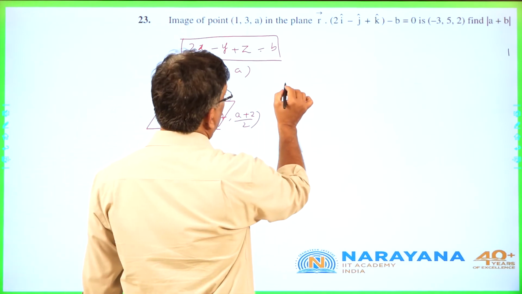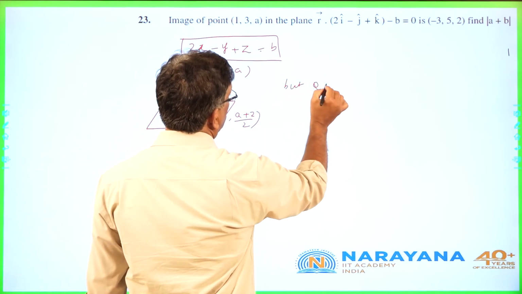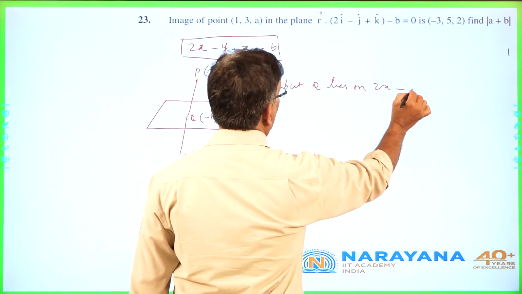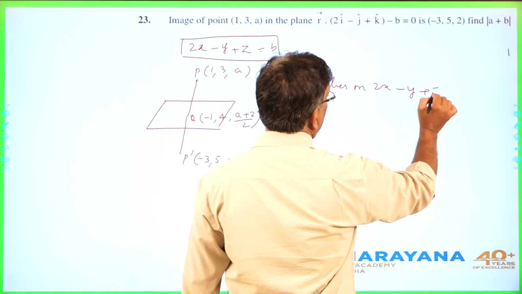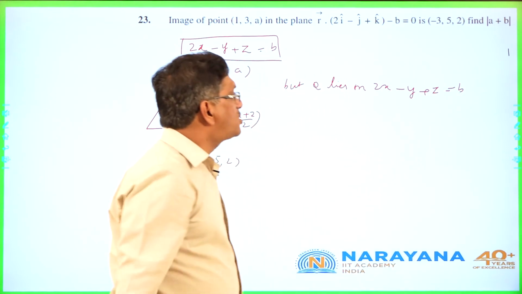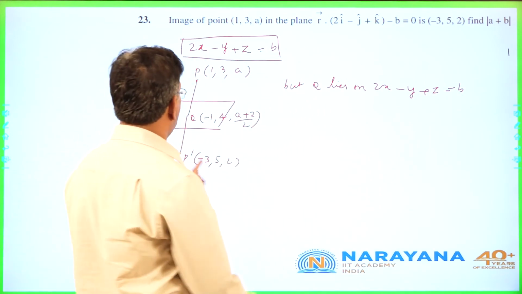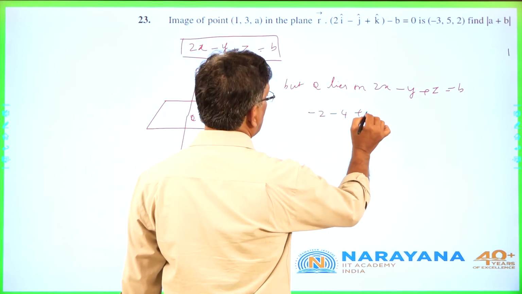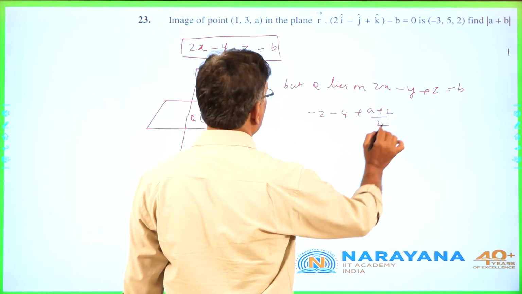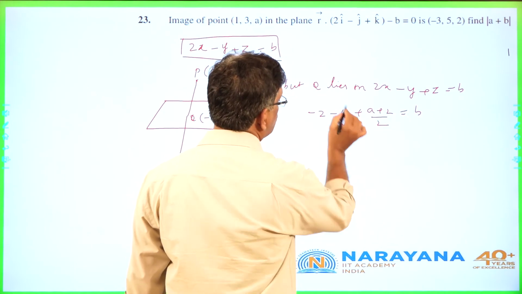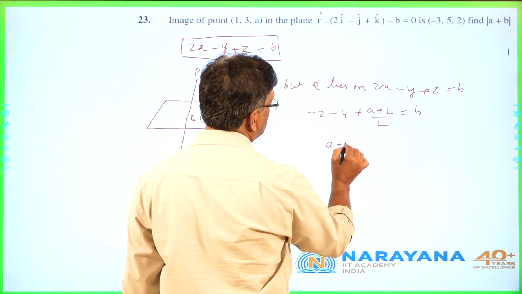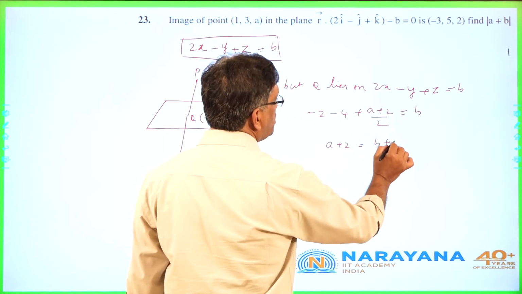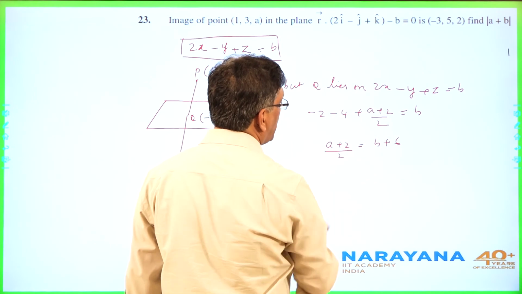But Q lies on the plane 2x minus y plus z equal to b. So let us substitute: minus 2 minus 4 plus a plus 2 by 2 is equal to b. It is minus 6. A plus 2 equal to b plus 6 by 2.